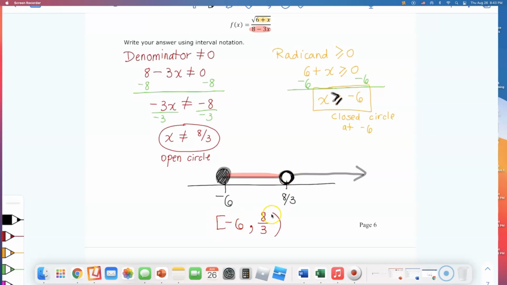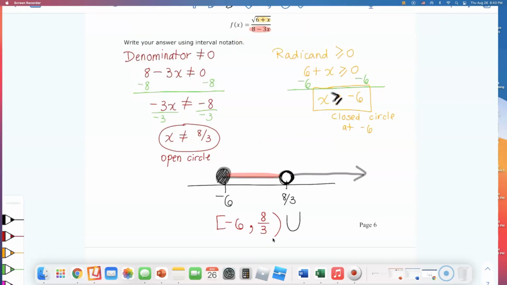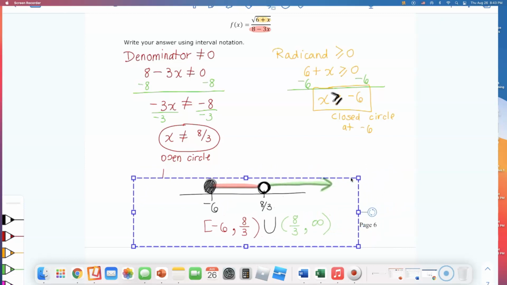For an open circle, we're drawing a parenthesis, okay? Do the union symbol, and let's take a look at the second interval that starts from 8 over 3 and is going all the way to positive infinity. So for the green interval, that's going to be 8 over 3, comma, positive infinity. So that's how you find the domain of this fractional function.